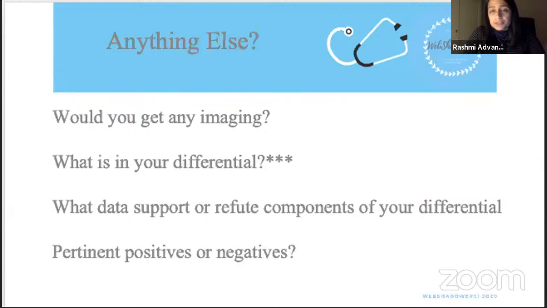So really, a differential is something that we talk about a lot in medicine, and it really means that if you have a patient present a certain way, what are the potential reasons why they have this issue? So in medicine, nothing is black and white. There's a lot of gray, but in medical school, you do learn a lot of these pathologies.